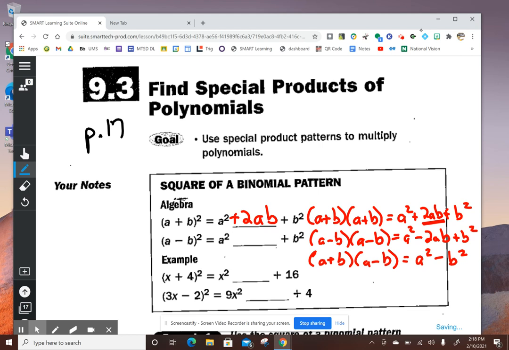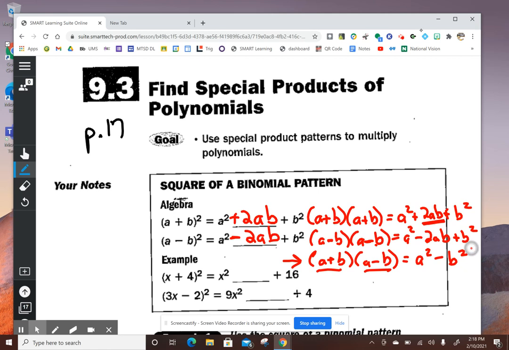Now, if you're doing a minus b times a minus b, your middle term is minus 2ab. And I'm showing you this now. We're going to do this a little later. Notice this is a plus b times a plus b. This is a minus b times a minus b. If you have a plus b times a minus b, when you FOIL it, you get minus ab plus ab.